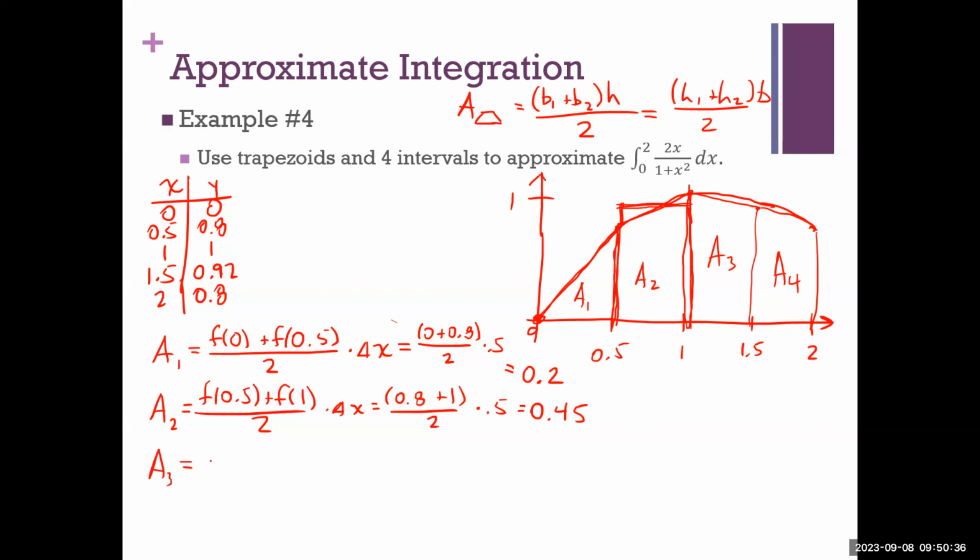All right, let's go a little quicker. So area 3 will be 1 plus 0.92 over 2 times 0.5, which someone's going to give me a value for, because I don't trust myself on either one of these last two.